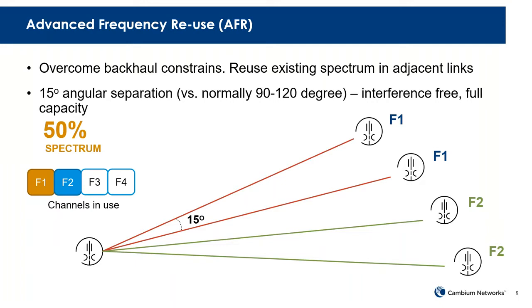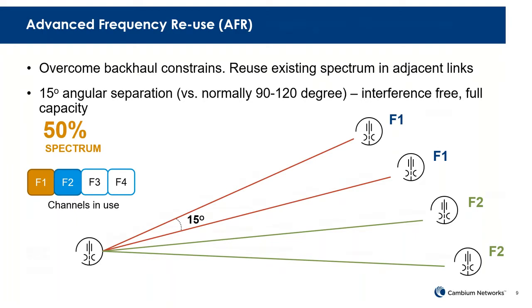If you want to achieve full capacity using the same frequency, usually you will need a 90 to 120 degree separation for interference free and full capacity. But with AFR, you only need 15 degrees or more. So with this feature, you can add more sites in a small area with very low angular separation.